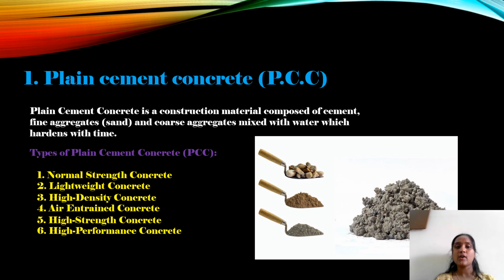This is a construction material composed of cement, fine aggregates and coarse aggregates mixed with water, which hardens with time. Plain cement concrete is divided into 6 types: normal strength concrete, lightweight concrete, high density concrete, air entrained concrete, high strength concrete, high performance concrete.